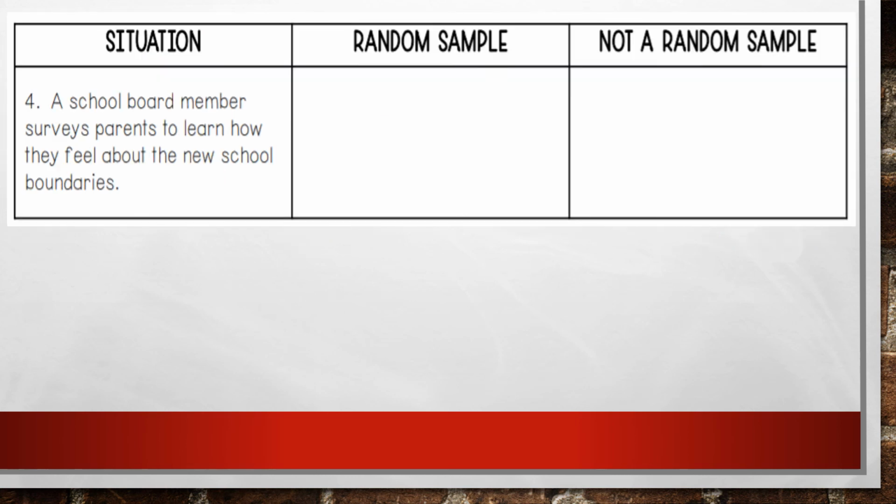And the last question, you're given a statement, and you've been asked to give an example of a random sample and a sample that is not random. So the situation is the school board member surveys parents to learn how they feel about the new school boundaries. So a random sample could be where they poll every 10th parent within the district.